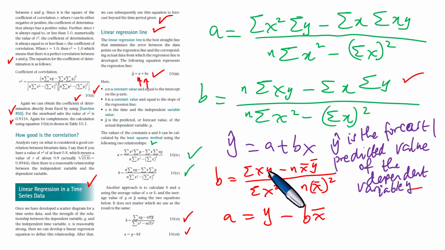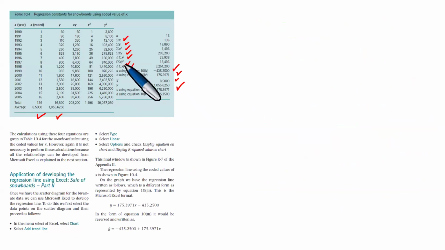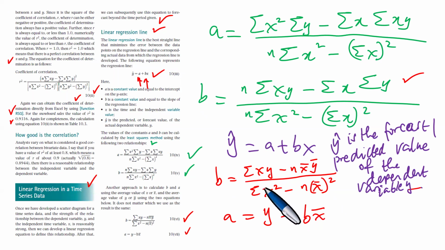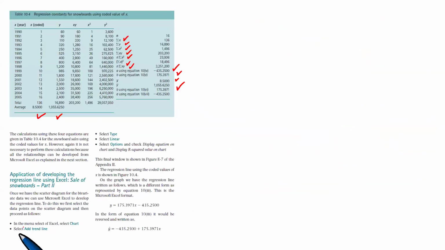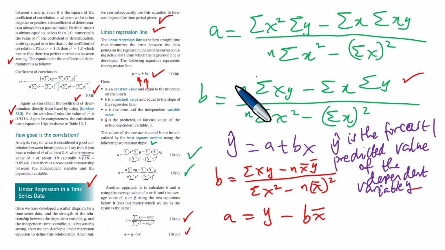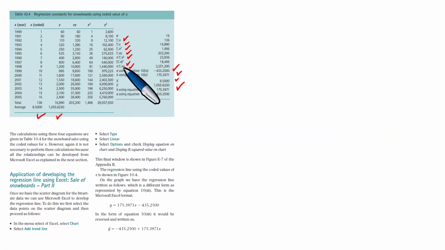You have the x bar, the y bar, and n times the sum of xy, which you can see appearing here.